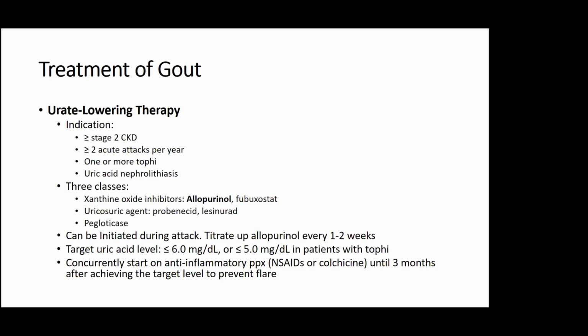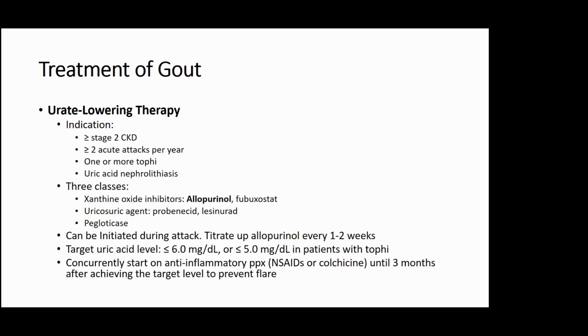Honestly, I think for most of us, we need to be very familiar with the dosage and also how to titrate allopurinol. Allopurinol should be initiated at a 100 daily dose, and don't forget to titrate by 100 milligrams every 1 to 2 weeks. We need to check the uric acid level to make sure this patient is moving toward the target level.